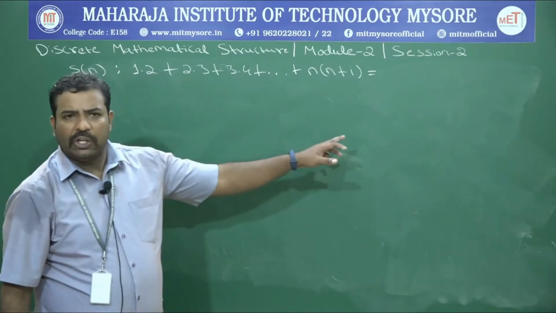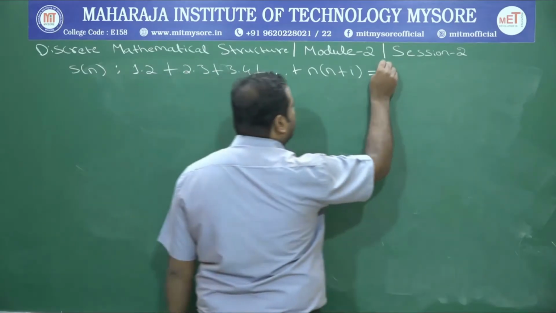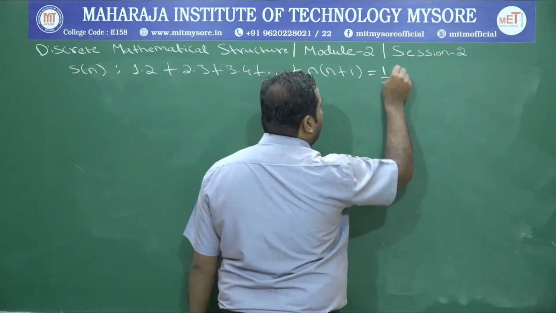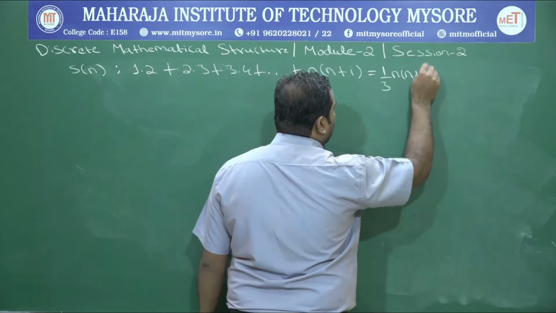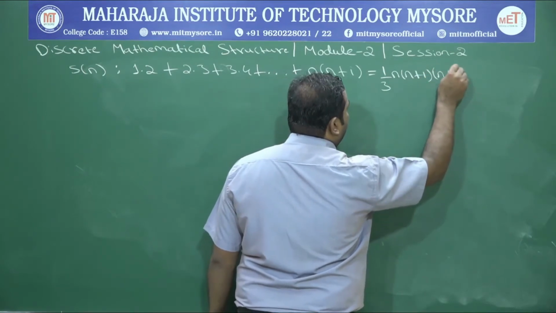This should be equivalent to 1 by 3, n into (n plus 1) into (n plus 2).